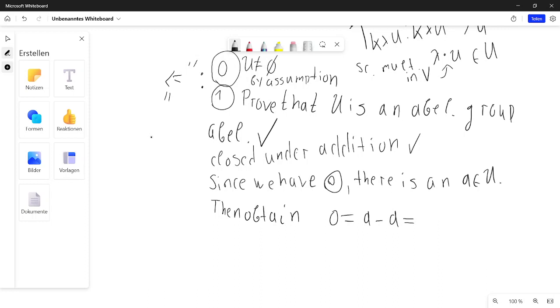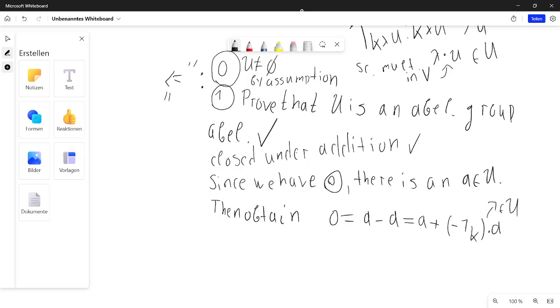We apply minus 1, okay, in the field, which is of course in U because this is in U and this is an element of U by assumption, right?